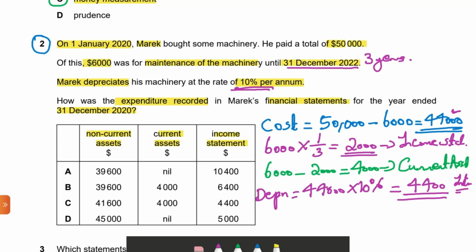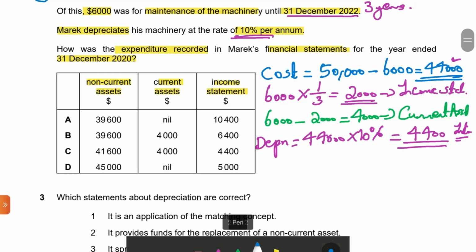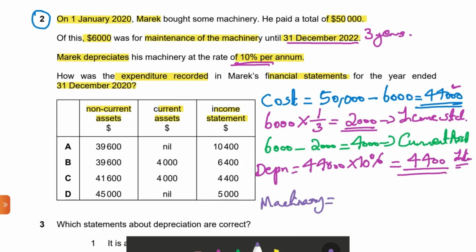Current asset. So let's check our question. Non-current asset, what will be the value of the non-current asset? Non-current asset, we show in the books at the net book value. So the non-current asset here, machinery value, is equal to cost, 44,000, minus the depreciation we calculated, that is 4,400.